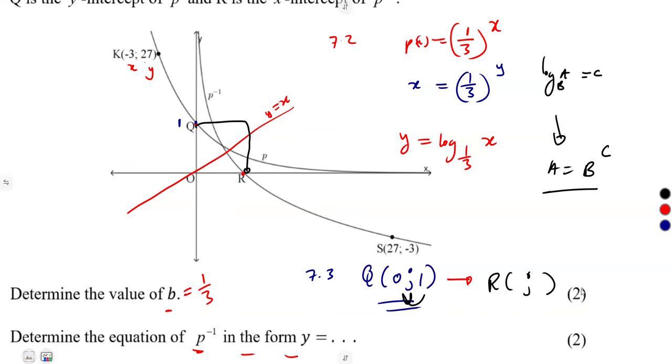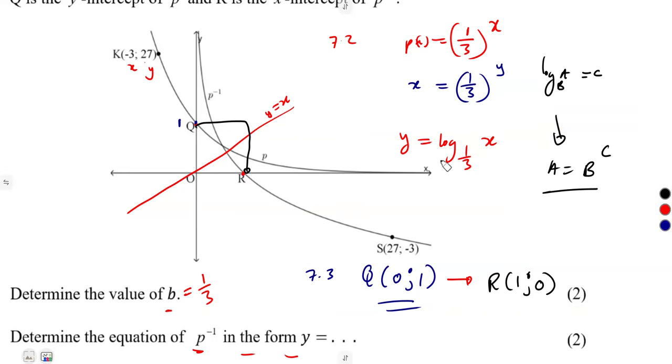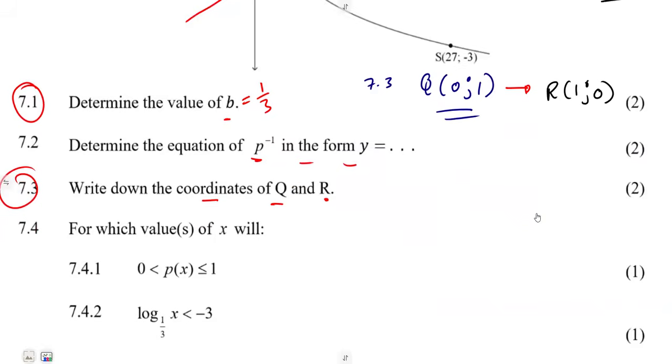So you simply swap the x and y value. So that'll be (1, 0). Or you can substitute into that condition here because it is the x-intercept. You solve when y is equal to 0. So x was going to be equal to a third to the exponent of 0, which is 1. Simply like that. So there are many ways that you can use. So that's our 7.3.